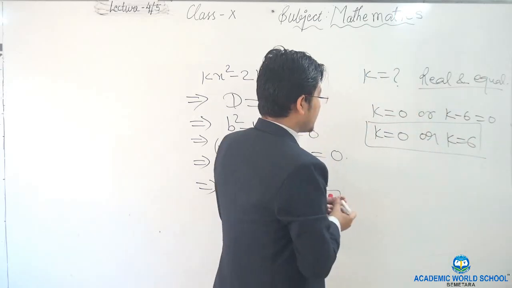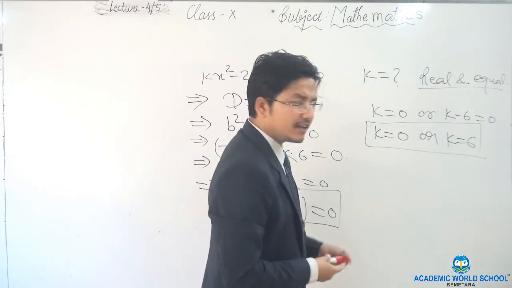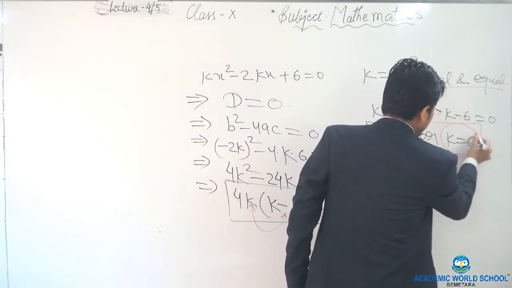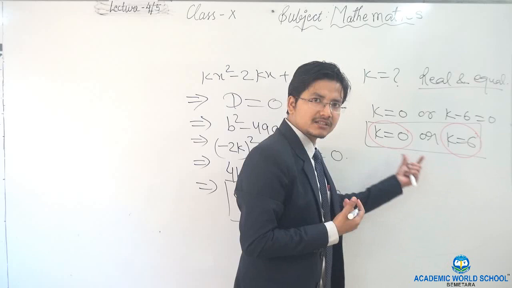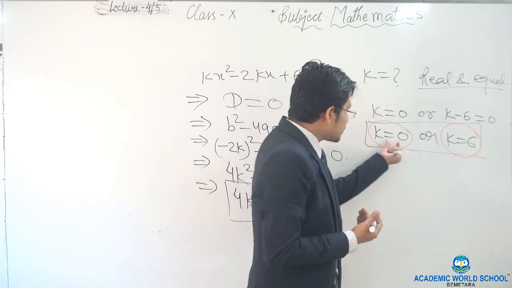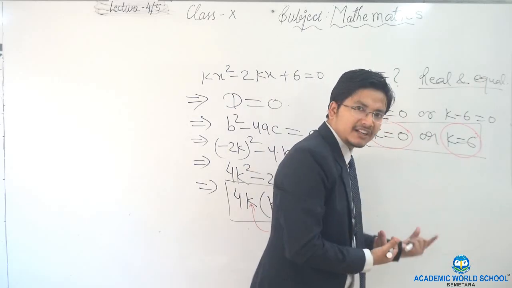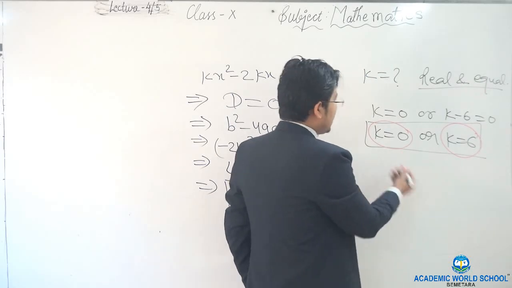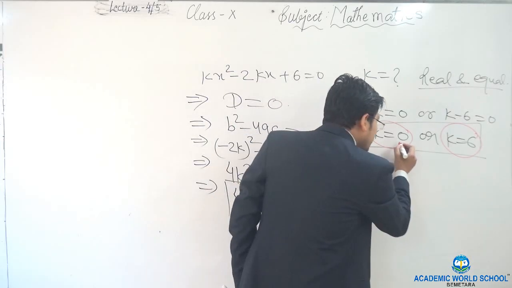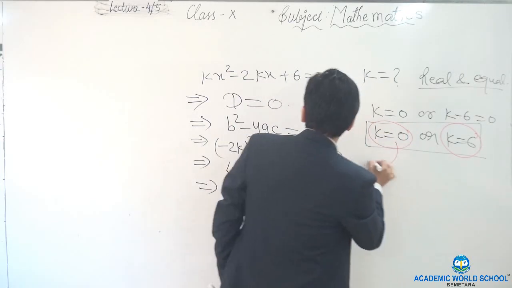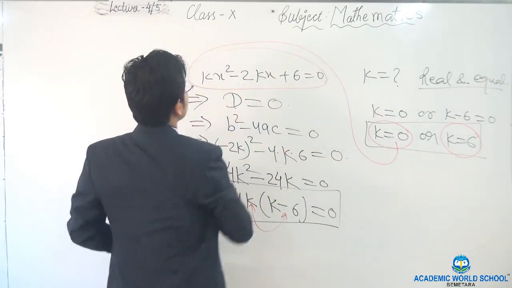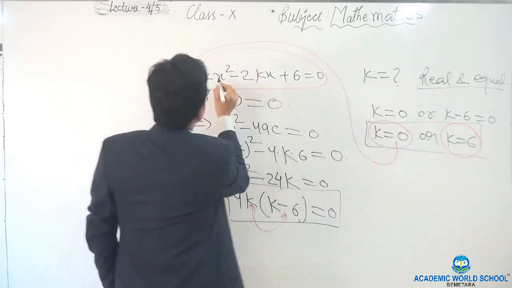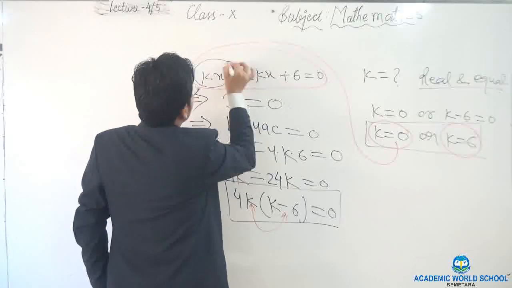Now this is a very important situation that we got the values of k. We got the value of k as 0 and another value k is equal to 6. Now we have to think over this answer, whether both answers are accepted in this case or any one is not applicable for this situation. So if k is equal to 0, then this whole term will become 0.